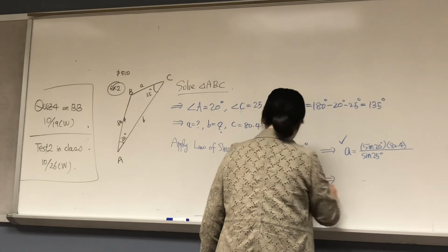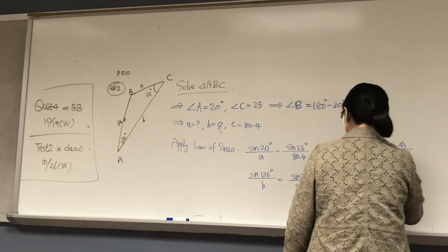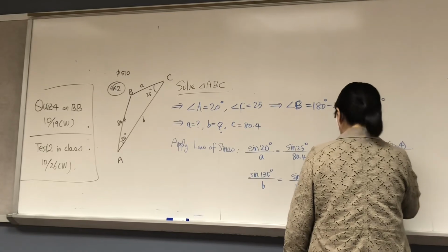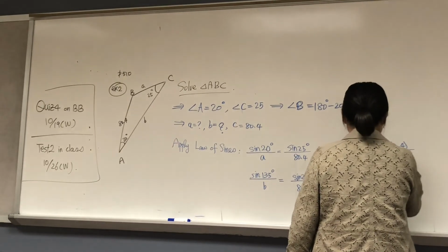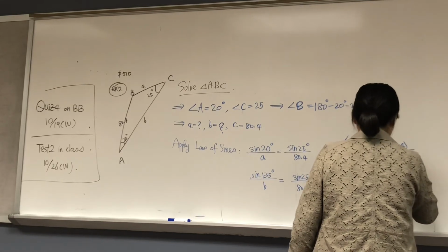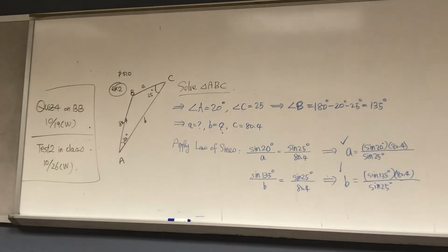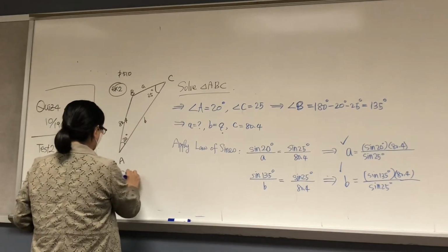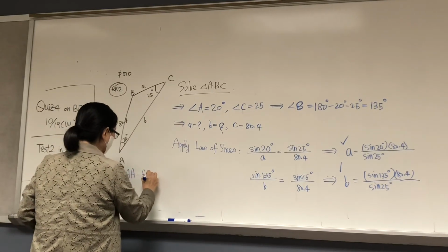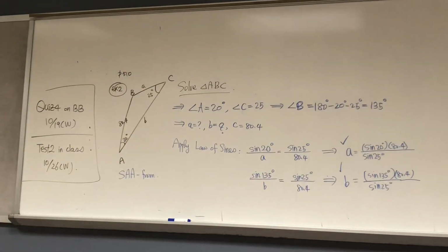So B is equal to 80 sine 35 over sine 25. You can compute it. So what type is this problem? It's the SAA form. Good.